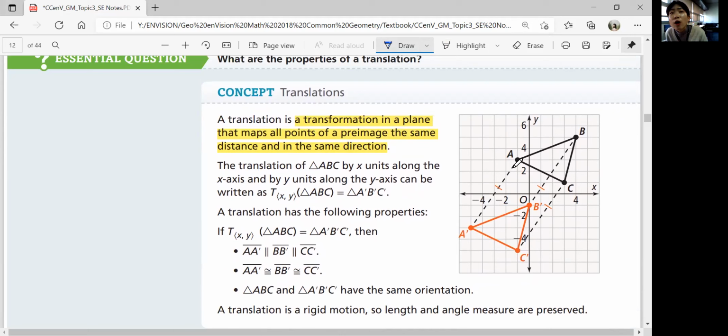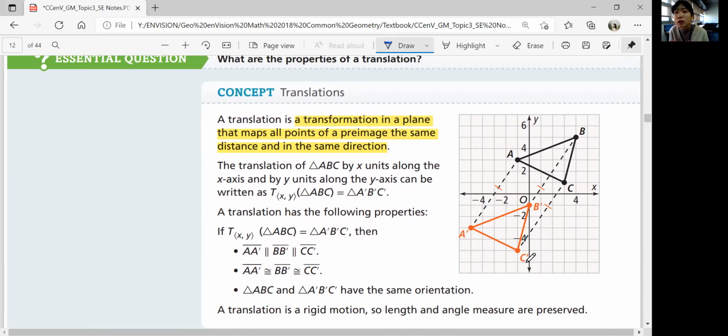A translation has the following properties. If you draw a line from point A to A prime, and B to B prime, C to C prime, all these lines should be parallel. And all these lines should be congruent to each other. They have the same length. All the points move the same distance.